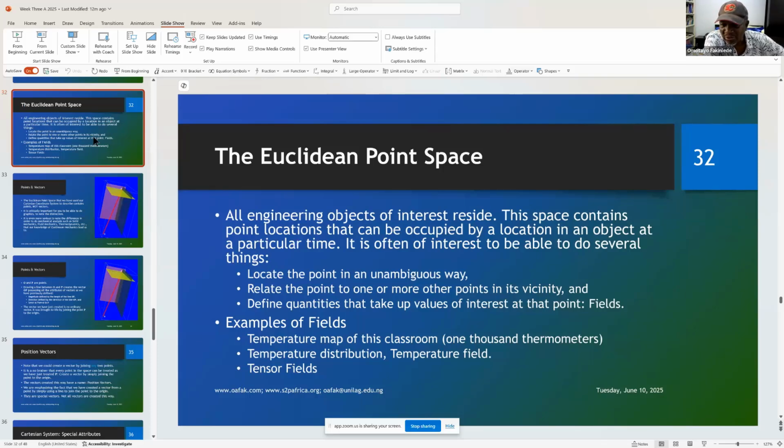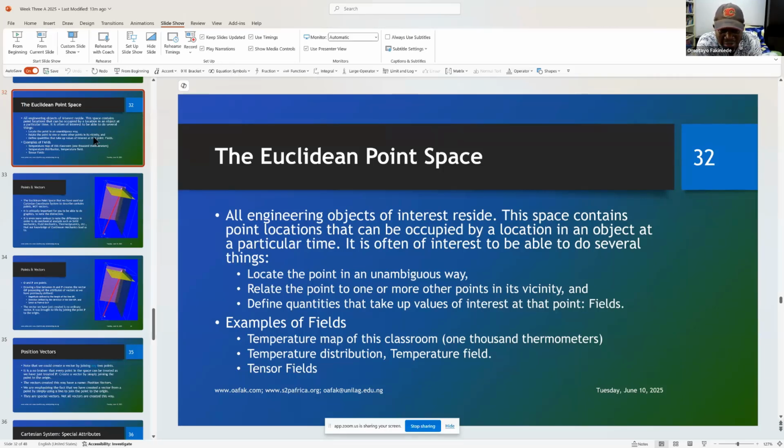Let us say there is a bar with one end at point A and the other at point B, and we use force to pull it apart. We want to measure the change in length. So we are interested in what happened between point A and the original point B when there is an increase. Those are the kinds of things that may be of interest to an engineer.